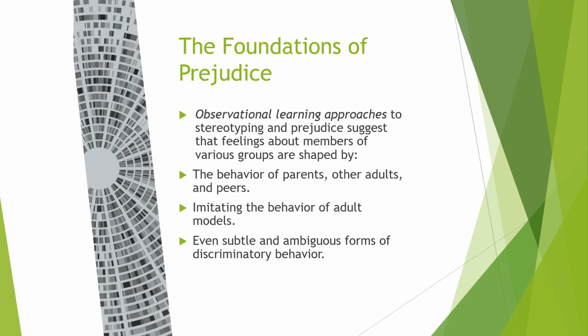Sometimes even subtle or ambiguous forms of discrimination occur, and that's what we follow. And then, not too surprising, mass media also plays a role. Social media is huge in our society, and so that is definitely playing a role in this observational learning that we have.